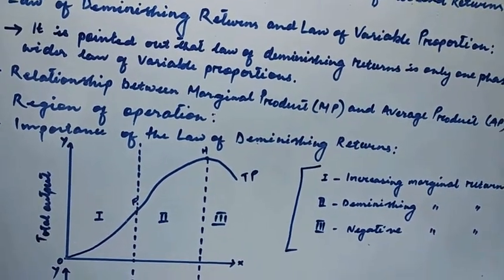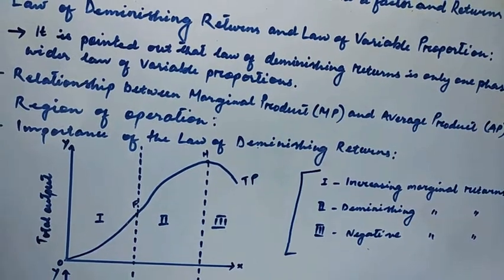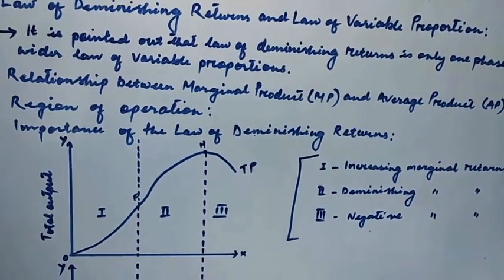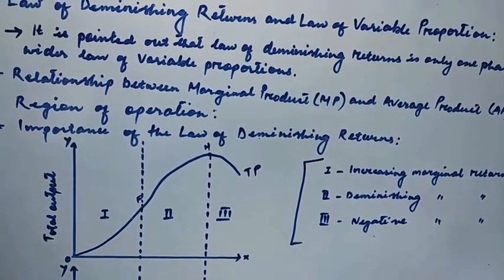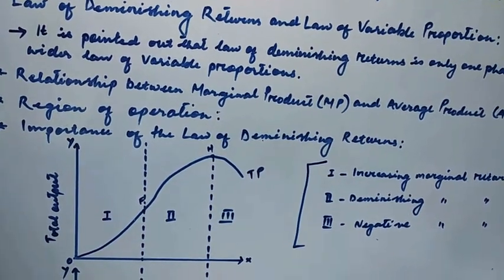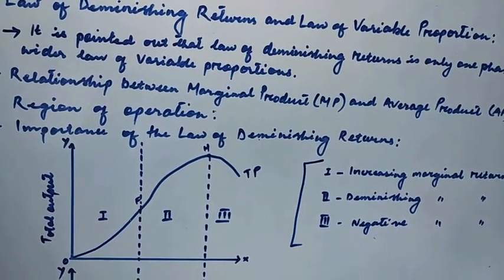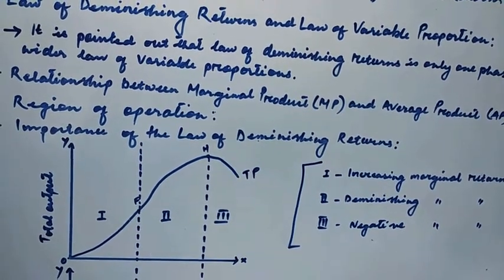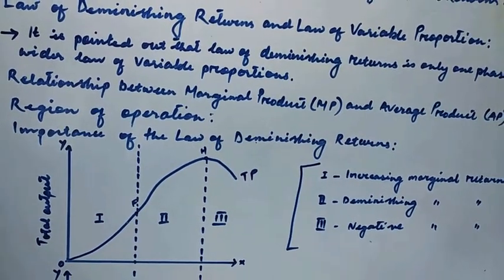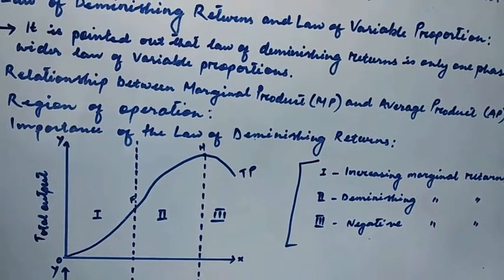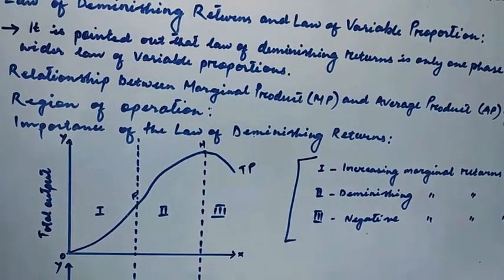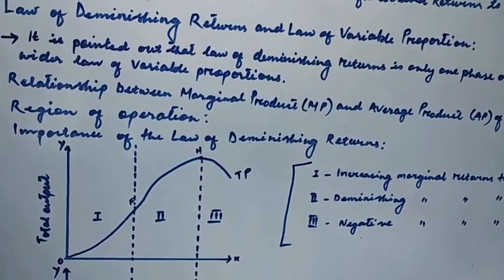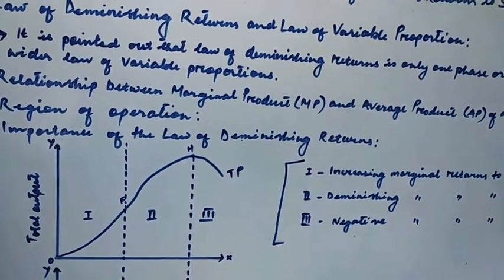And the last stage we have is negative marginal returns to that factor. So the law of diminishing returns is stage 2 of the law of variable proportion. Thus, on this view, diminishing marginal returns to a factor is just one stage of the wider law of variable proportion, according to its definition.